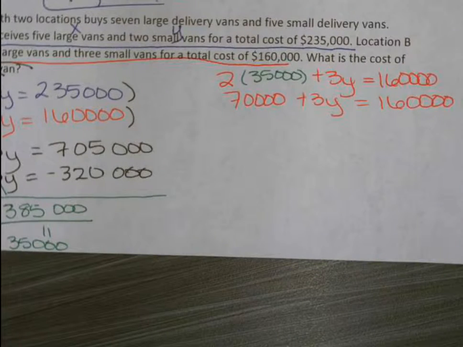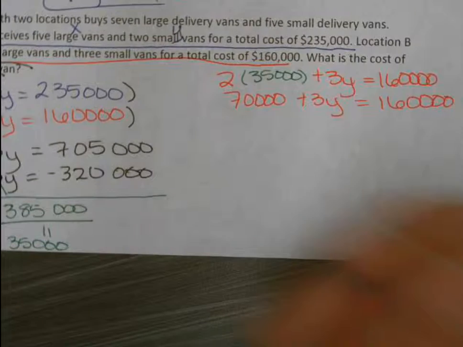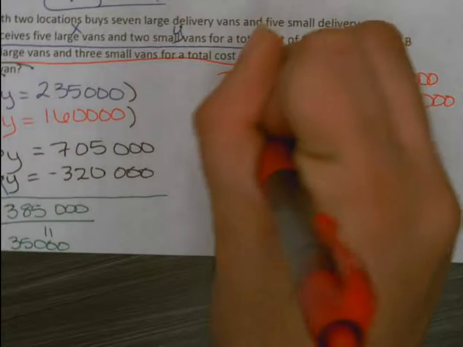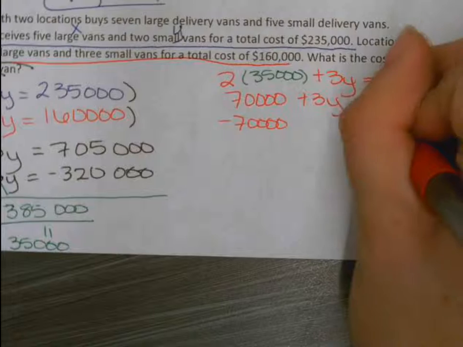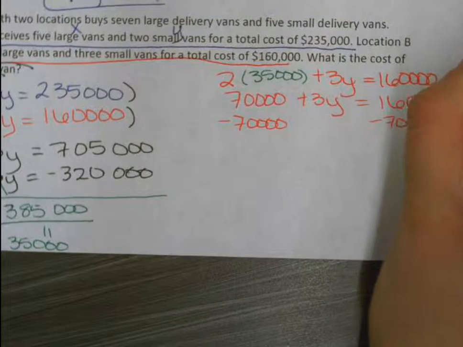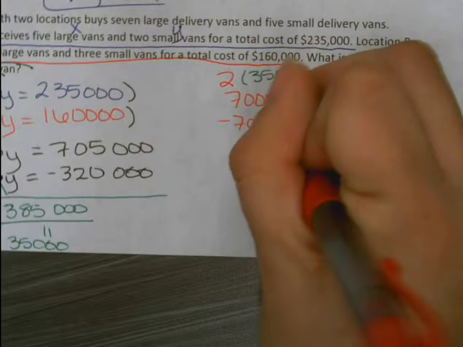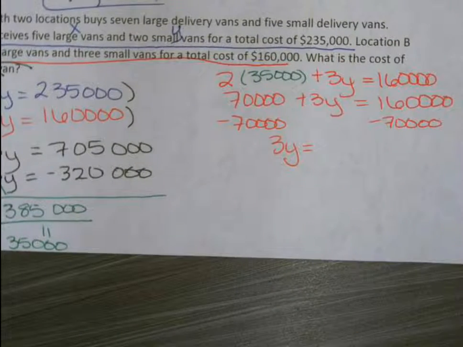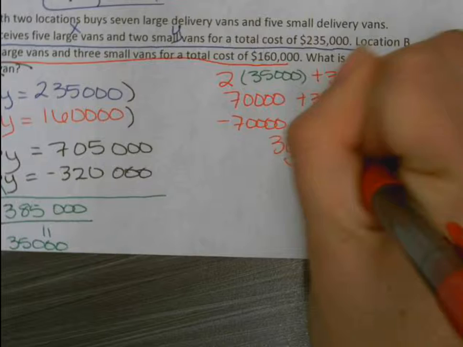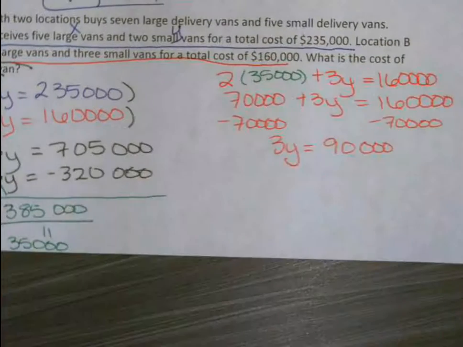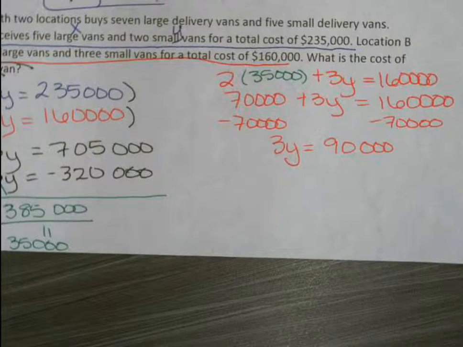What's my first step to solving this equation? Subtract the 70,000. So 160,000 minus 70,000 is 90,000.